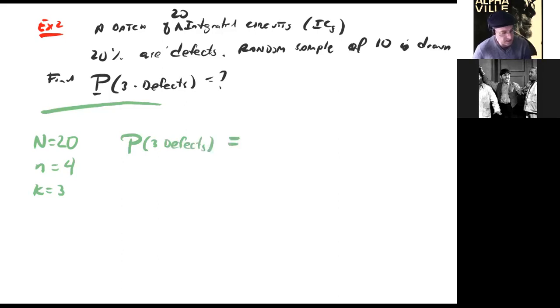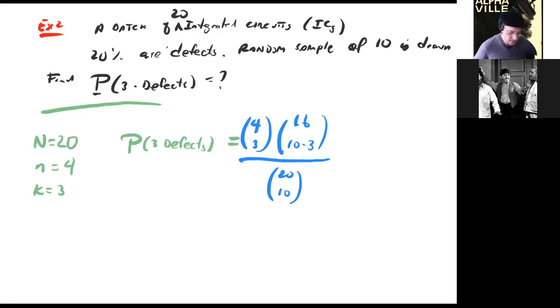Well, it's given by 4 choose 3 times 20 minus 4, which is 16, choose the remainder, 10 minus 3, over 20 choose 10, because we're doing a sample of 10 from the 20. And you can calculate this, and what you'll get is 0.0583. So only about 6% of the time, the probability is pretty small of having 3 defects in the sample.